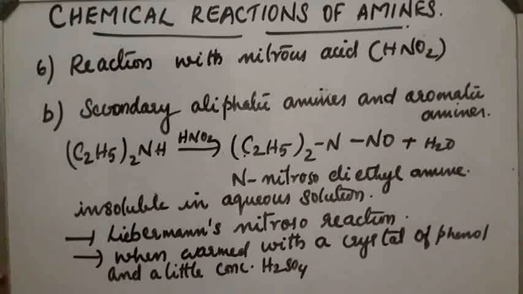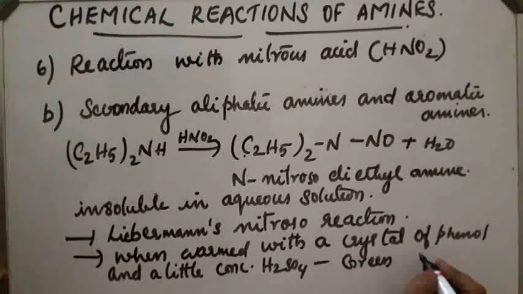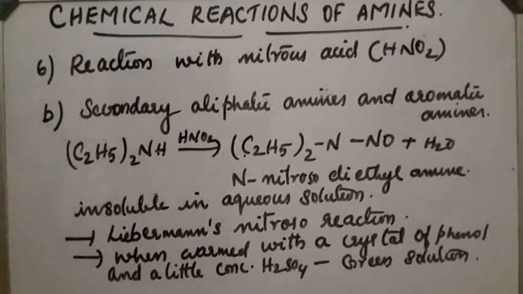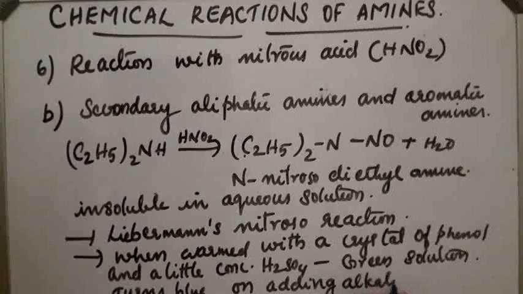What will happen? It produces a green color, or a green solution is obtained. This green solution turns blue on adding an alkali. Okay, this is an important test for secondary amines.